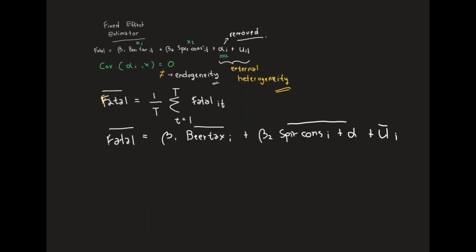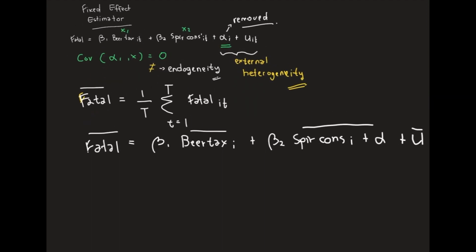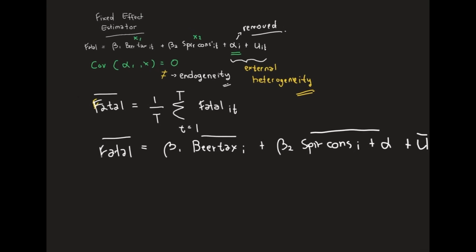Okay, and what is fixed effect? Fixed effect is basically we want to remove the external heterogeneity alpha here by subtracting the mean from the original formula of fatality.